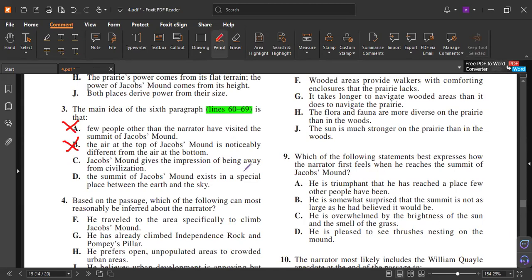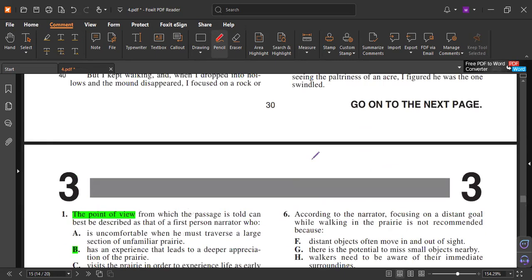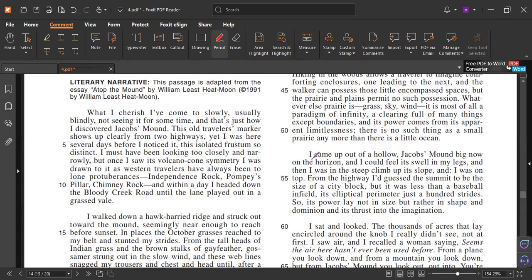Gives this impression of being away. No. Or we're talking about that the summit exists in a special place between the earth and the sky. That is the point.